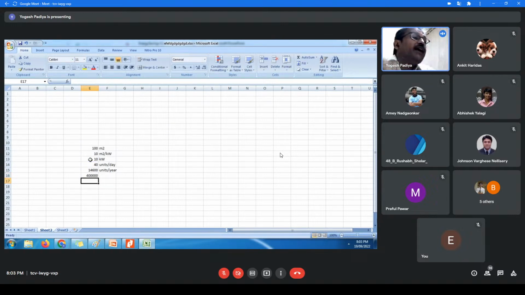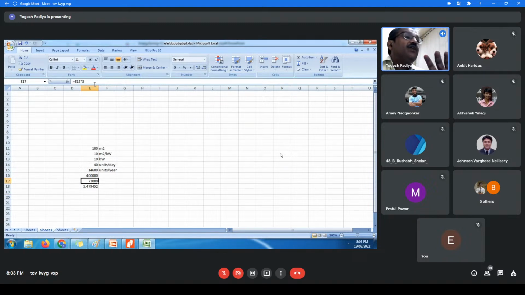It means you have invested 4 lakh rupees. And if you are able to save this many units, suppose 5 rupees is the cost of a unit, it means 73,000 rupees per year you are saving. So this divided by this, within 5 years you can recover your cost.